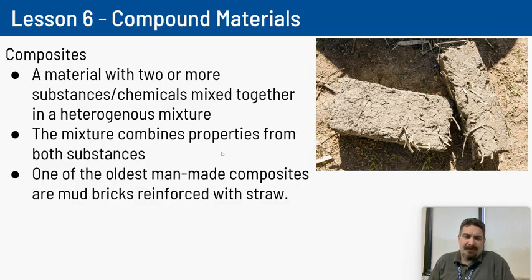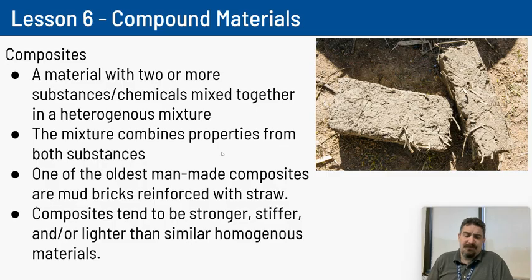With a composite, you get both properties kind of woven together or pushed together. So here we've got straw bricks, made out of mud and straw. And we've been using these to build houses since the very first houses were built, basically. And you can see that there's straw in the mud, and those things together help make the mud bricks more useful.